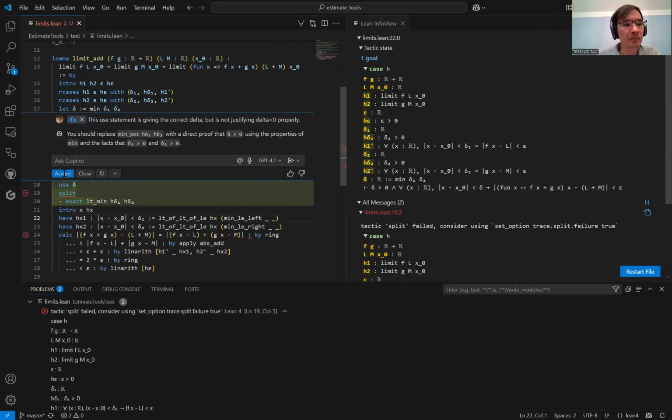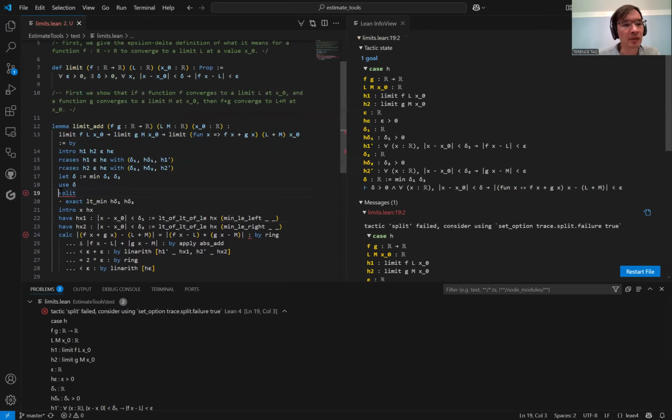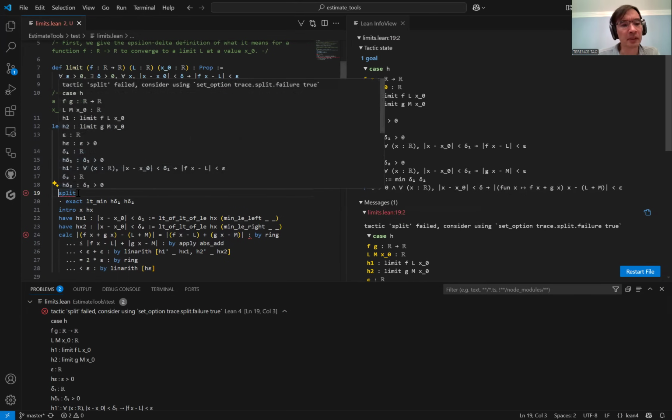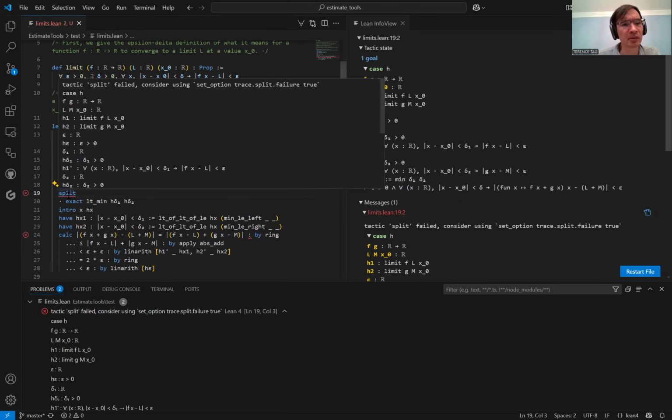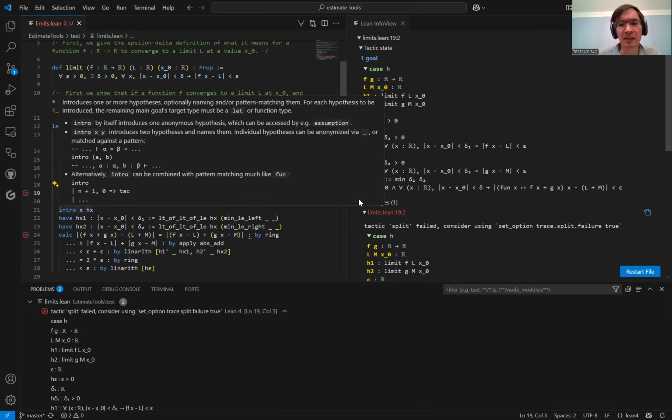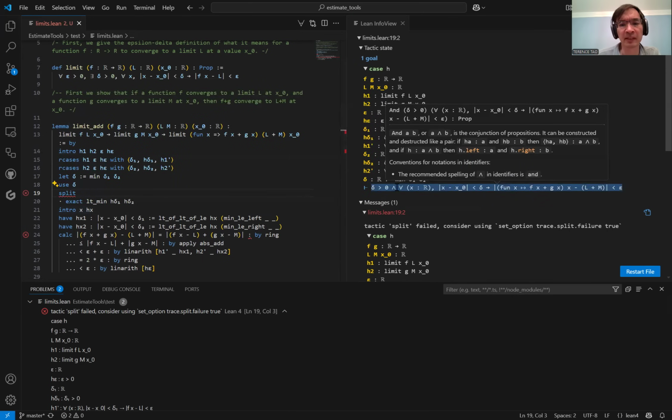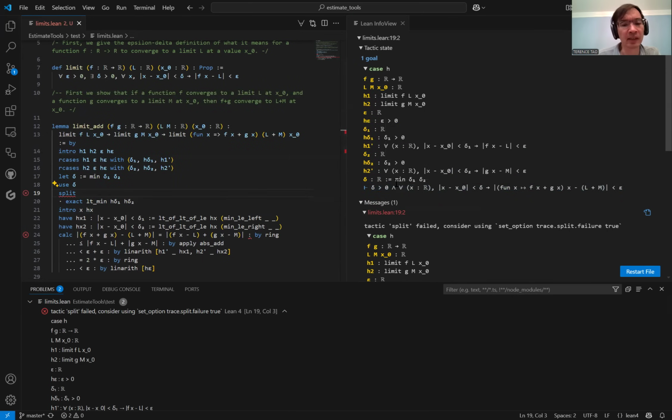All right, so we are using, okay, we use delta. Split is not the right tactic here. Actually, if you want to split an AND statement, you should use something like constructor. Let me see if actually GitHub knows about this.